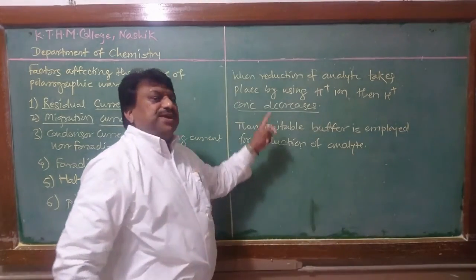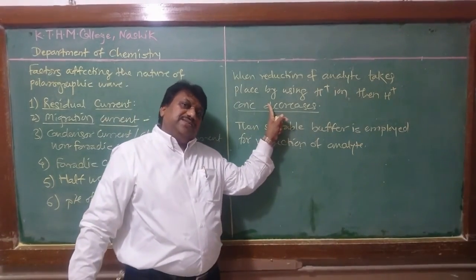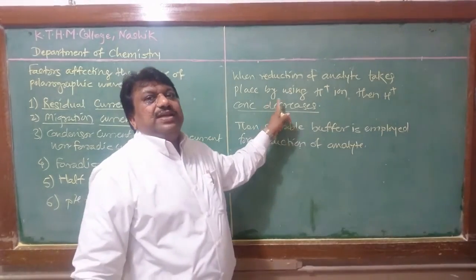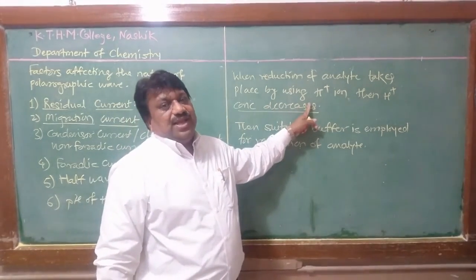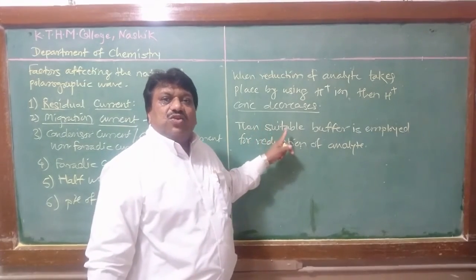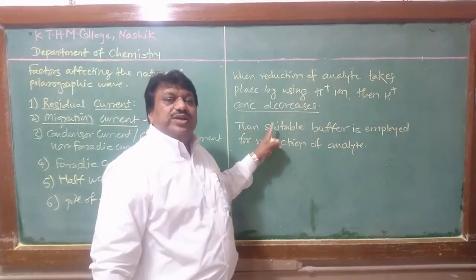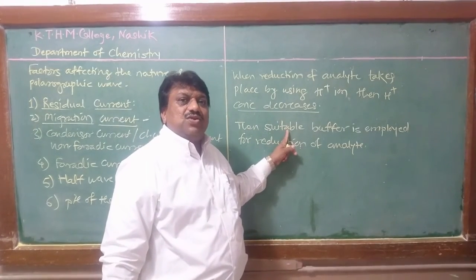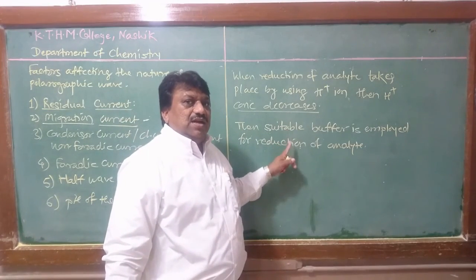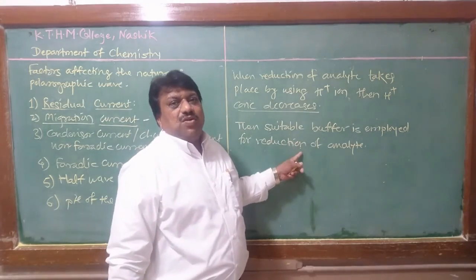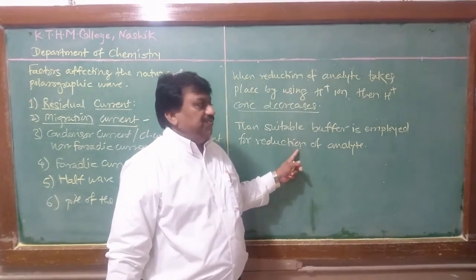That means if pH of solution is continuously varied during the analysis, then we can have a distorted polarogram. Again, it gives the incorrect value of the half wave potential. And to nullify this effect, we have to carry out the analysis of the analyte by using a specific buffer solution, that may be acidic buffer or sometimes basic buffer.